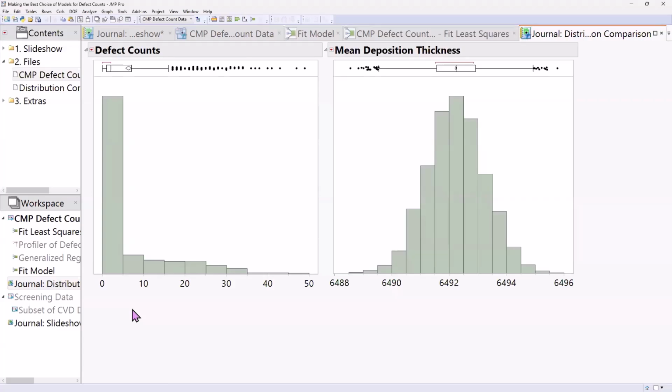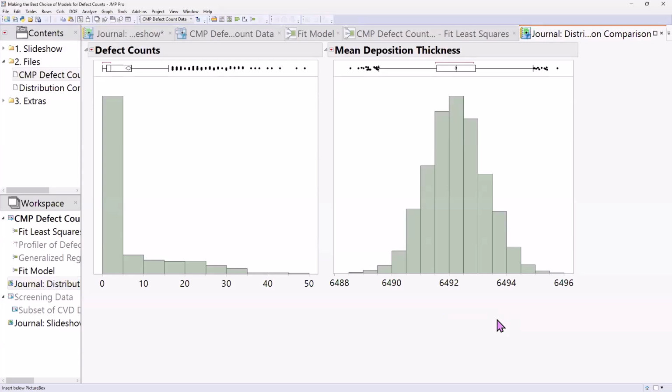Standard least squares regression expects response variation like the CVD film thickness measurements that I showed in the mastering session 2 weeks ago. In the CVD example, we observed film thickness measurements, that's chemical vapor deposition, that were reasonably symmetric on either side of a target, like the normal distribution graph on the right.